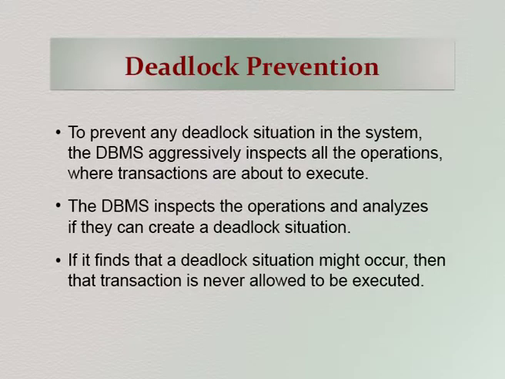We can prevent the deadlock also. Beforehand, the DBMS needs to inspect what operations are being sequenced, in which fashion, and which transaction requires what kind of resource. In order to predict beforehand which transaction needs what kind of resources, we can prevent the deadlock.